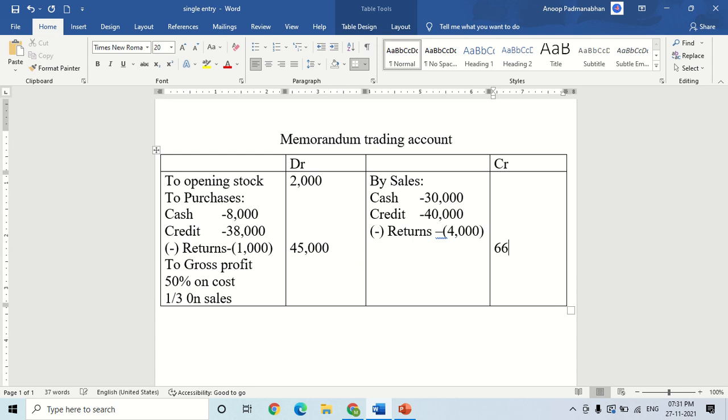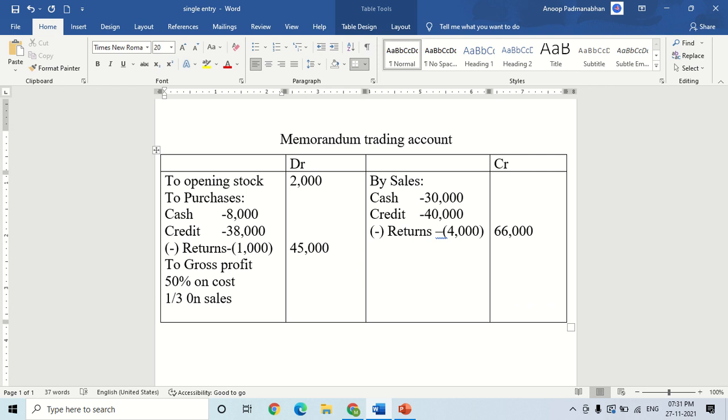Total sales after adjusting my returns is coming as 66,000. So on that I can directly compute my gross profit. I will apply 1 by 3 into my sales after adjusting the returns, 66,000. So 1 by 3 into 66,000, I'm getting a gross profit of 22,000.